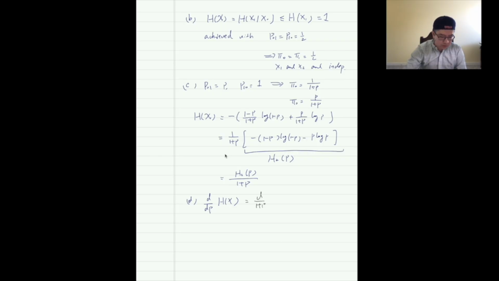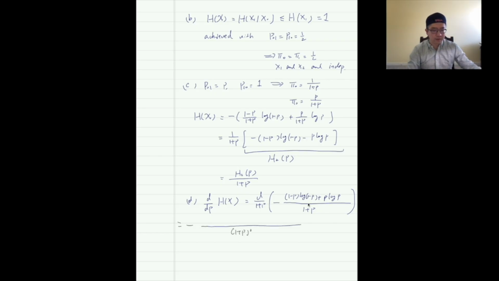Write it as a fraction with 1 plus P on the bottom. To take the derivative, we take the negative sign out and square the bottom.